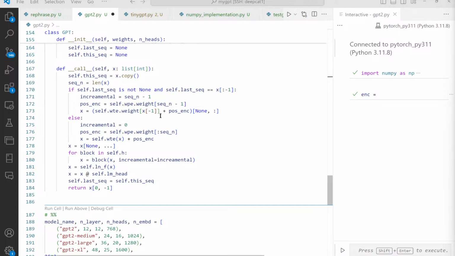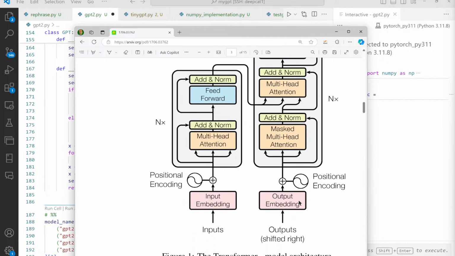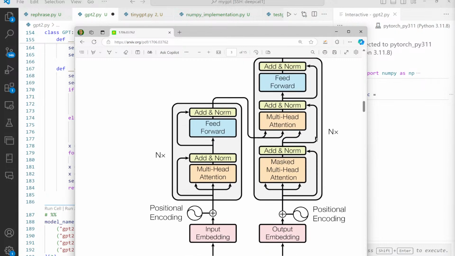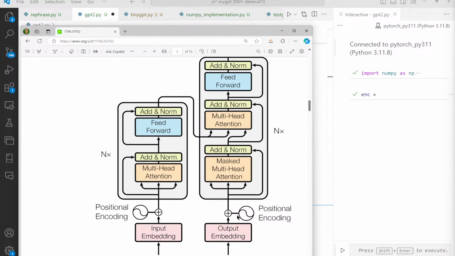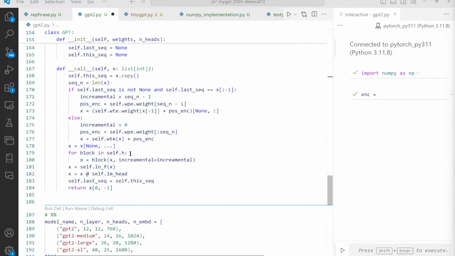So at the beginning, we compute all the positional encoding and token encoding, and then add them together. It is a direct addition, they are not stacked. This is our input sequence. Then we run this sequence through the blocks, all of them. So you can see the embedding and position encoding are added together, and then it runs through a bunch of transformer blocks.